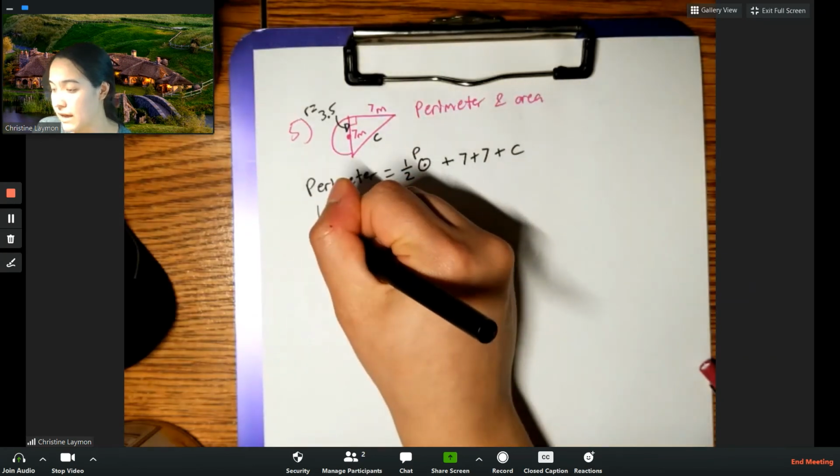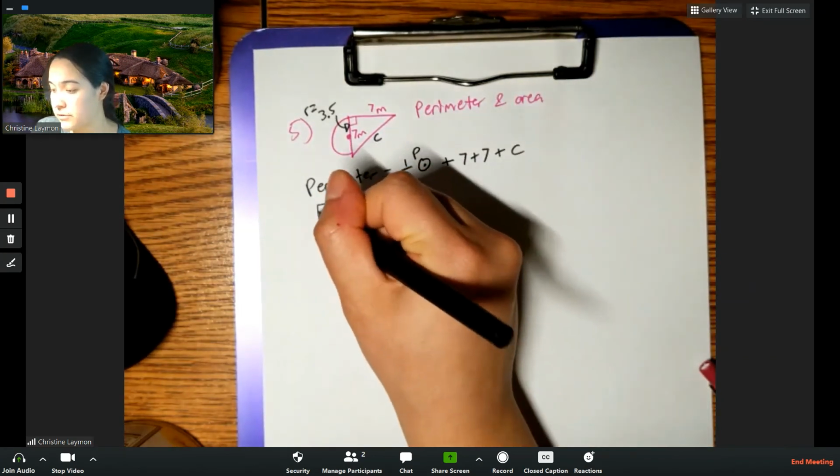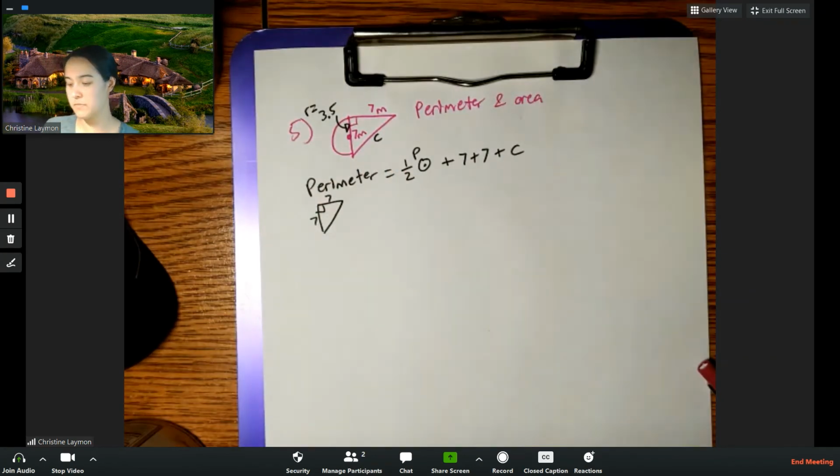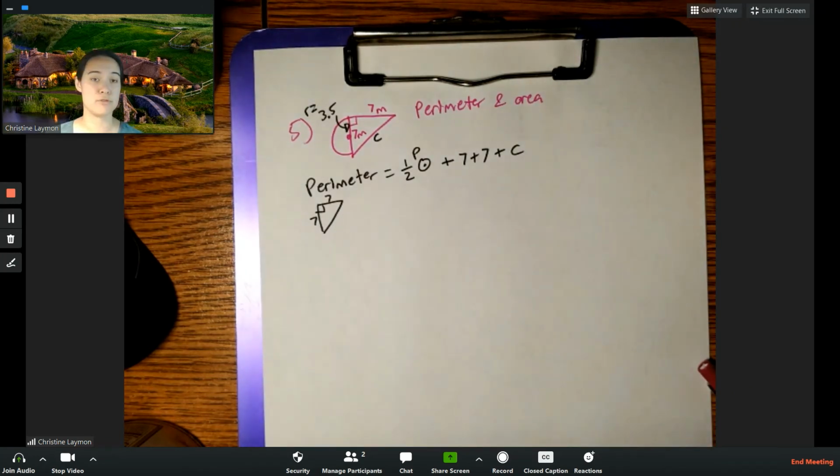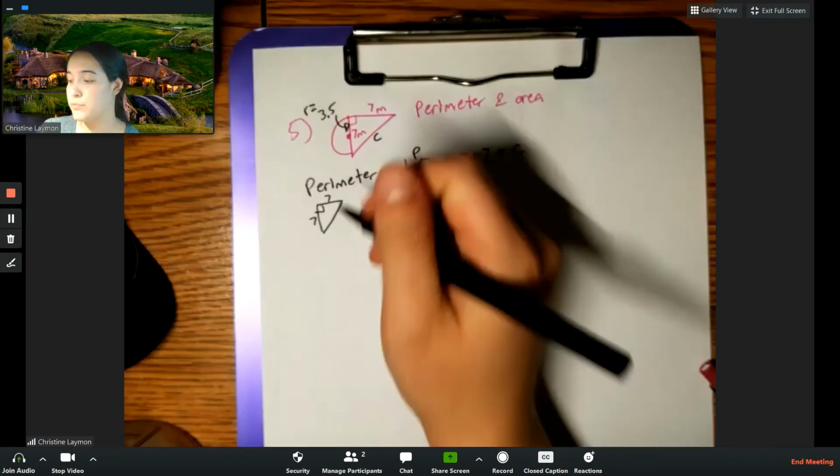Remember, what I have is this triangle here, 7 and 7. Now, to find c, I can use Pythagorean theorem, or I can recognize that I have an isosceles right triangle. And so what I'm going to have over here, well, that's going to be 7 root 2. But we can go ahead and prove it anyway.